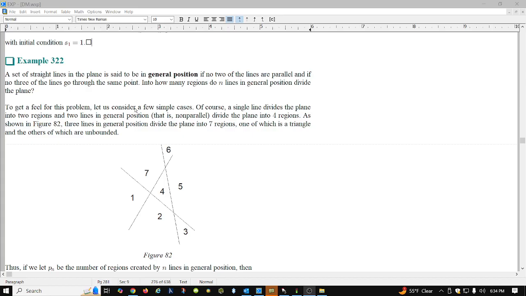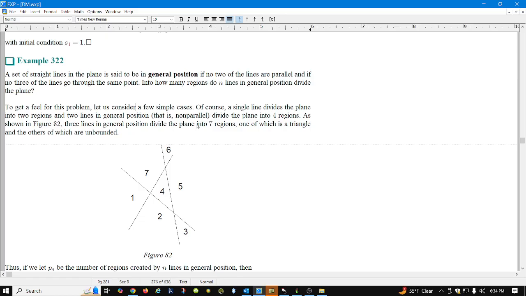Well, the way to handle problems like this at the start is to draw a few pictures, think about simple cases until it becomes clear what the question is even. So a single line divides the plane into two regions. Two lines in general position means two non-parallel lines.